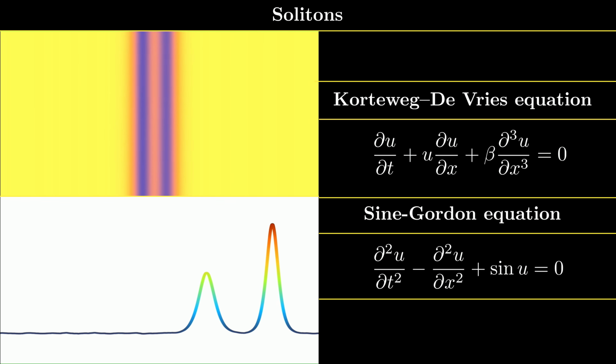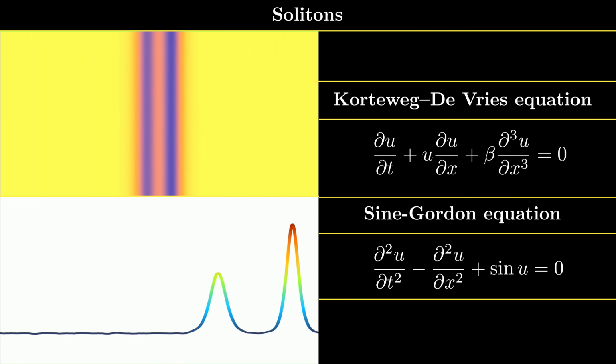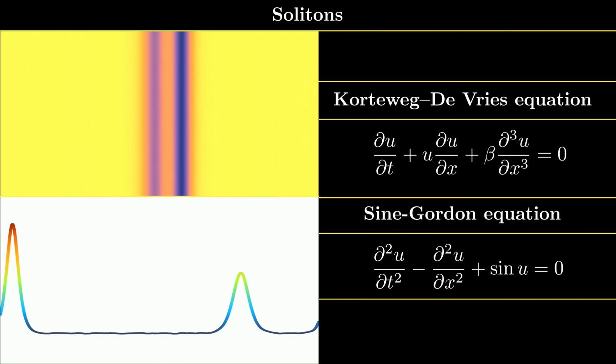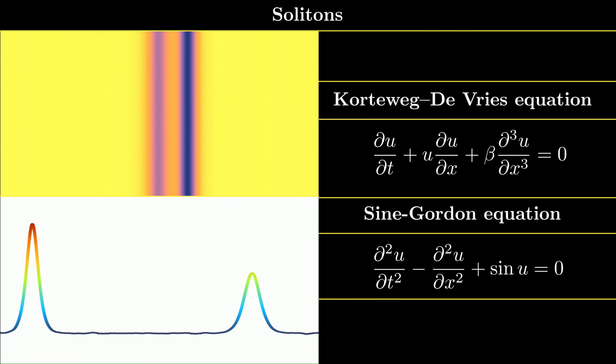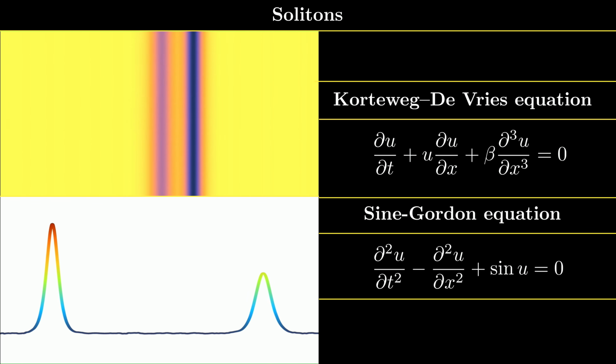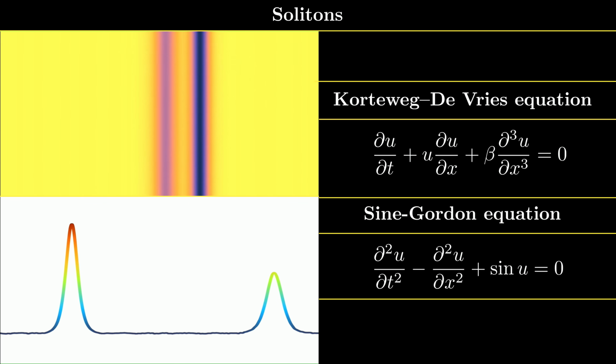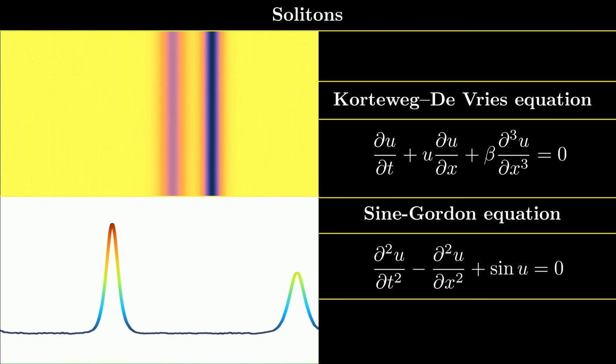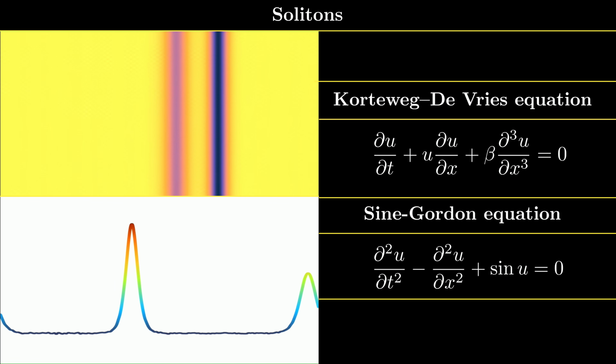Among them, a special place is occupied by the Korteweg-de Vries equation and the Sine-Gordon equation. It was precisely through the example of these equations that many properties of nonlinear waves and solitons were first investigated in detail.